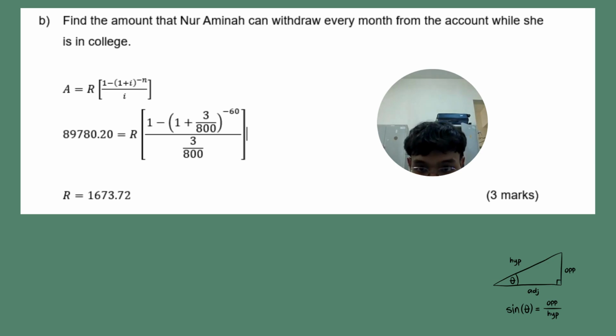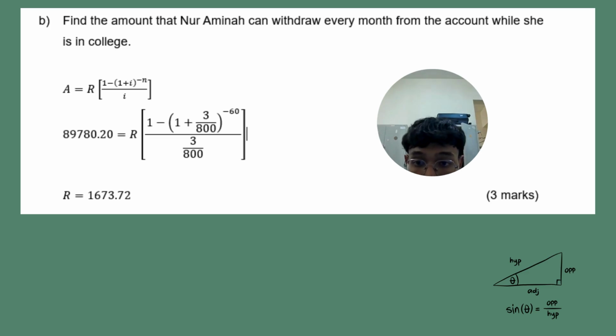Okay, for part B, we will use the formula A equal to open bracket 1 minus open bracket 1 plus i close bracket power of negative n over i close bracket.